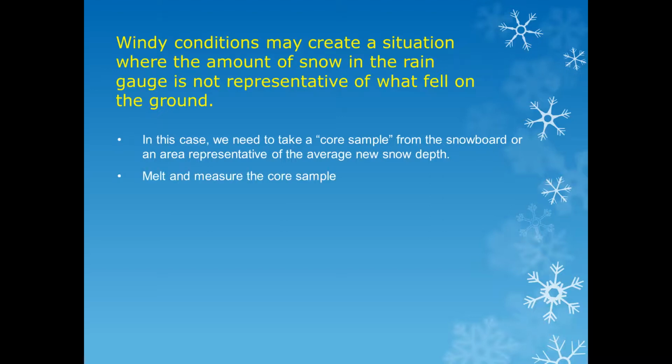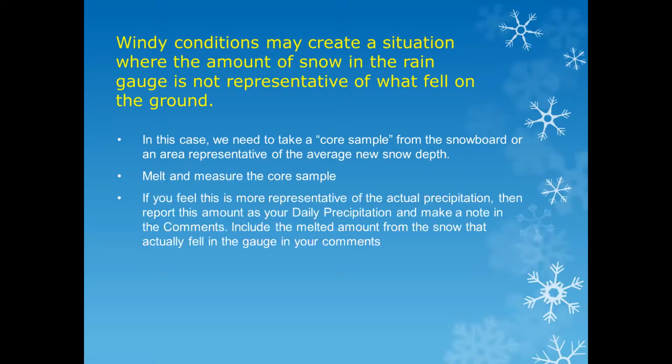You take that core, and melt and measure the core sample. If you feel this is more representative of the actual precipitation, which if it's really windy, it will be, then enter this as your daily precipitation and make a note in the comments that you've done so. And then include whatever you had in your gauge catch in your comments as well.